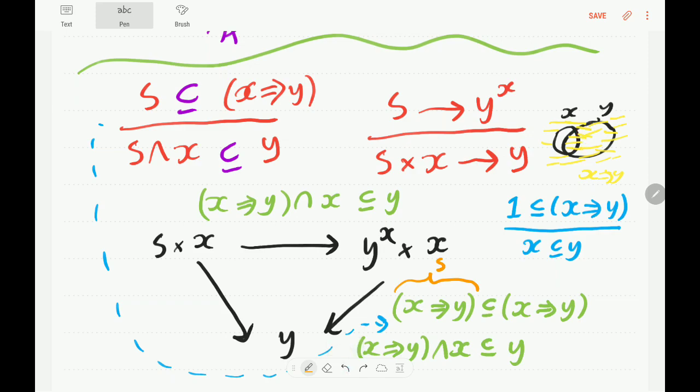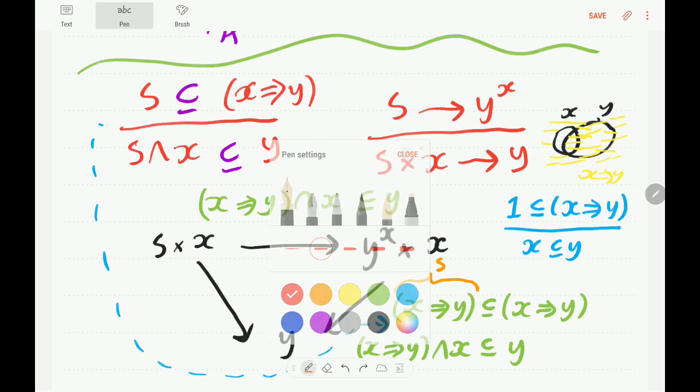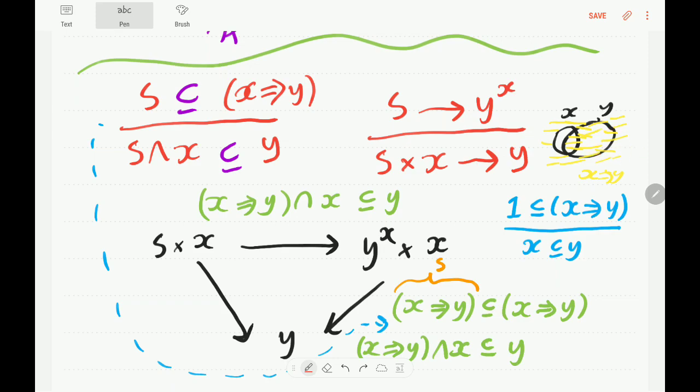Now when we take this S to be 1, a terminal object, which corresponds to the maximal subobject, that would correspond to saying that 1 is contained in X implies Y. In other words, the yellow shaded region would fill the entire space up. So that would correspond to a situation where X is contained in Y. And this is exactly what we get from the exponential object algebra as well.